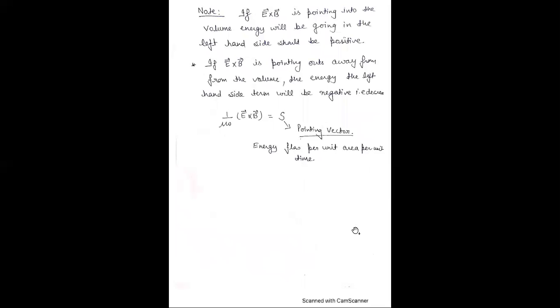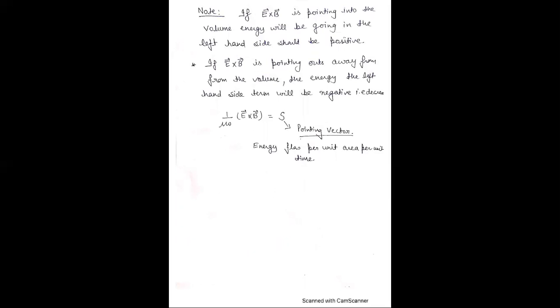That term is the energy flowing per unit area per unit time. If E cross B is pointing into the volume, then the energy is going in, which means dW/dt plus dE electromagnetic/dt on the left hand side should be positive.